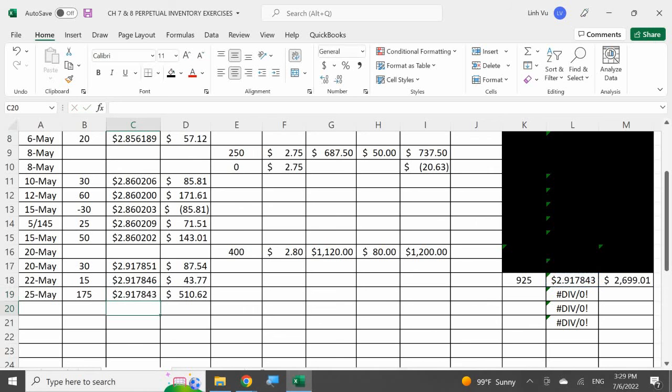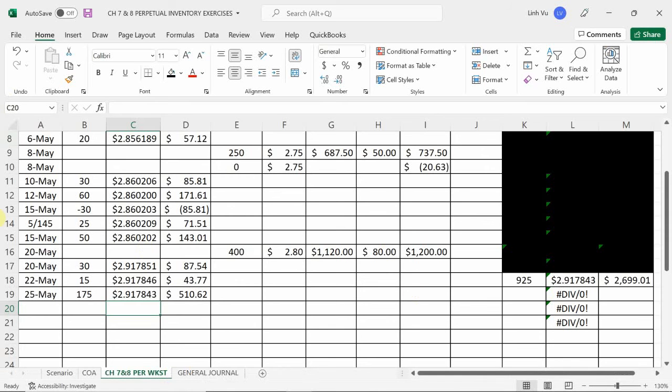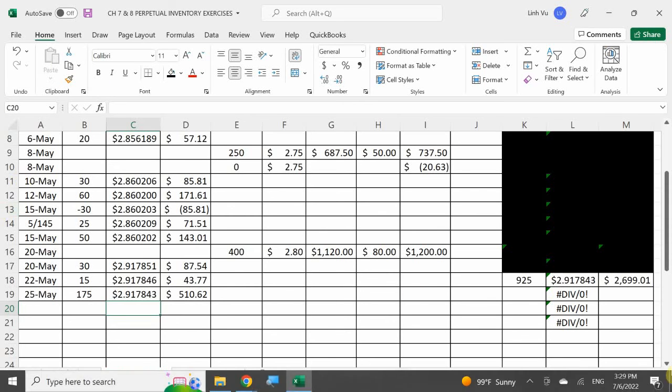So my grand total cost of goods sold, once again, Excel has recognized what formula I am calculating here. So I got a grand total cost of goods sold for selling a total of 175 mugs, which is going to be $510.62. So let's go ahead and update my inventory.